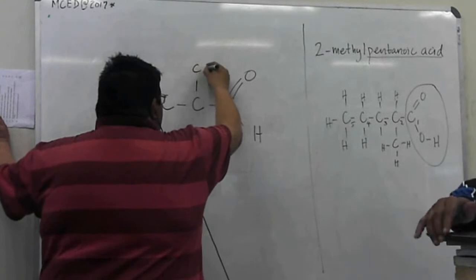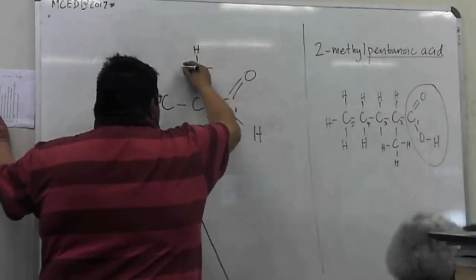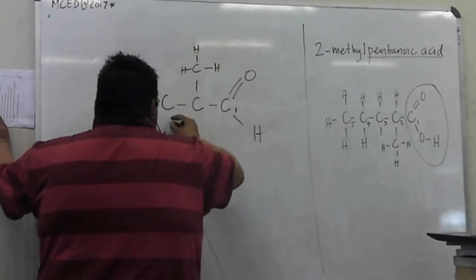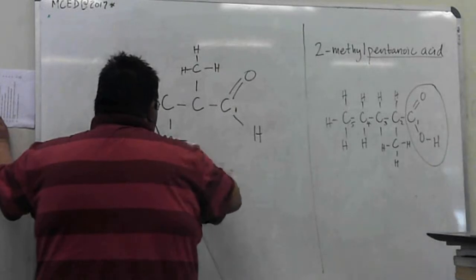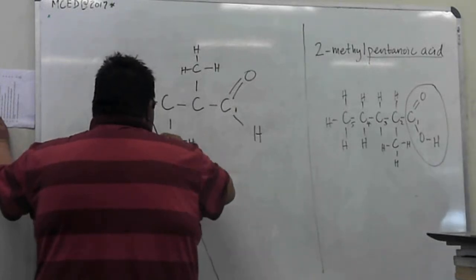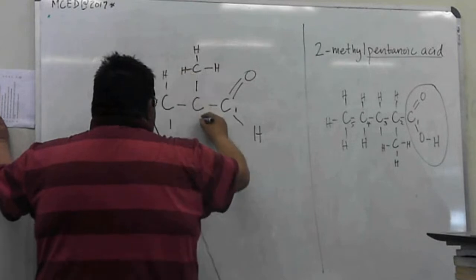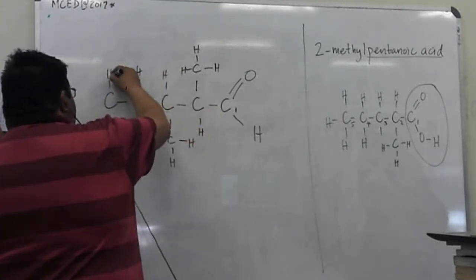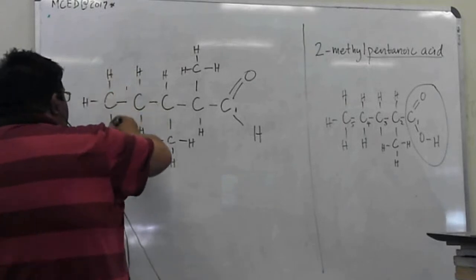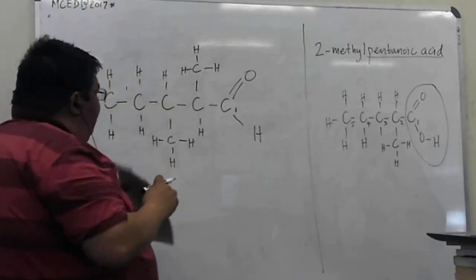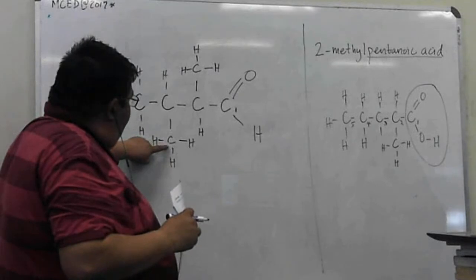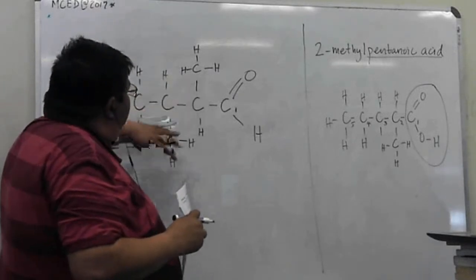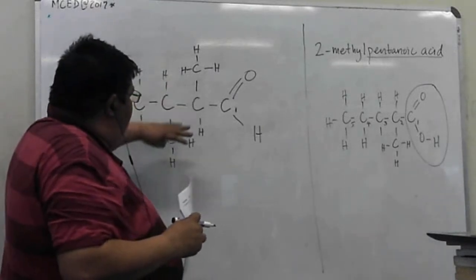On carbon number 2, there's a methyl. And let's draw this on the side. On carbon number 3, there's another methyl. It does not matter whether we draw the methyl group on this side or on that side. At this particular moment in time, it makes no difference.